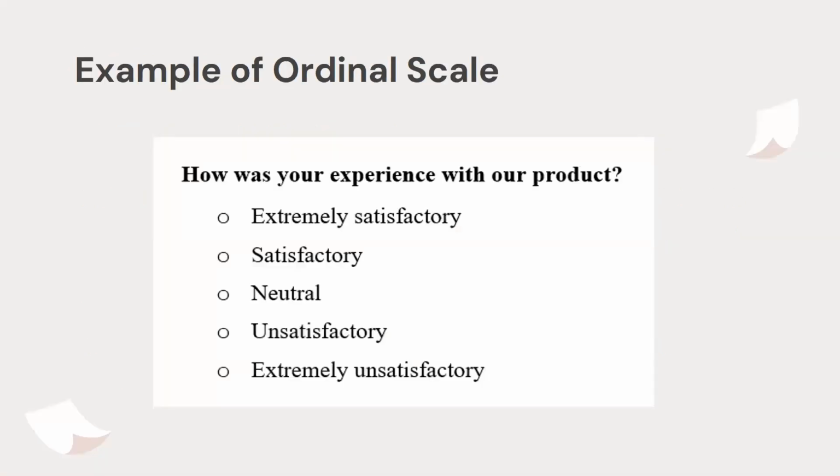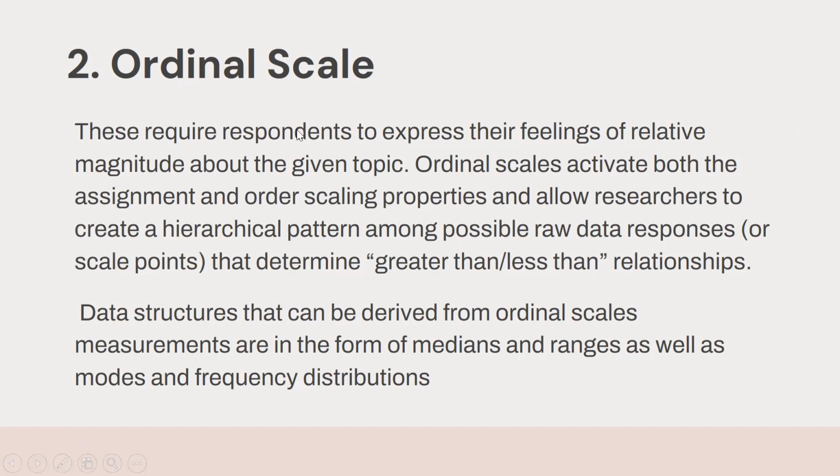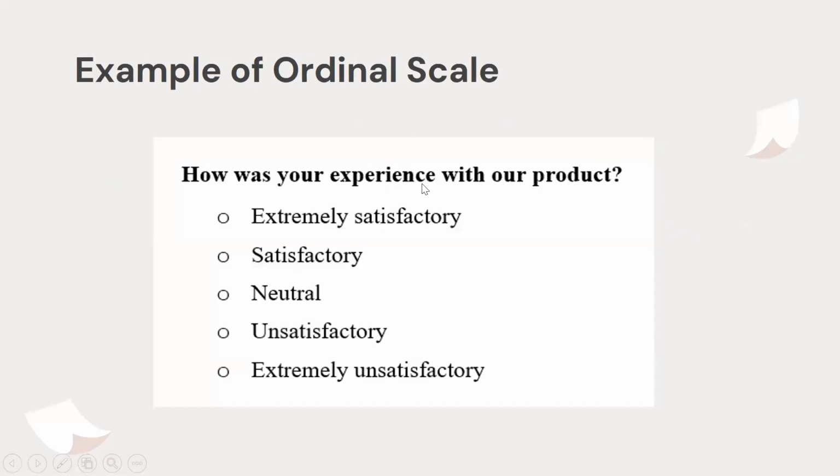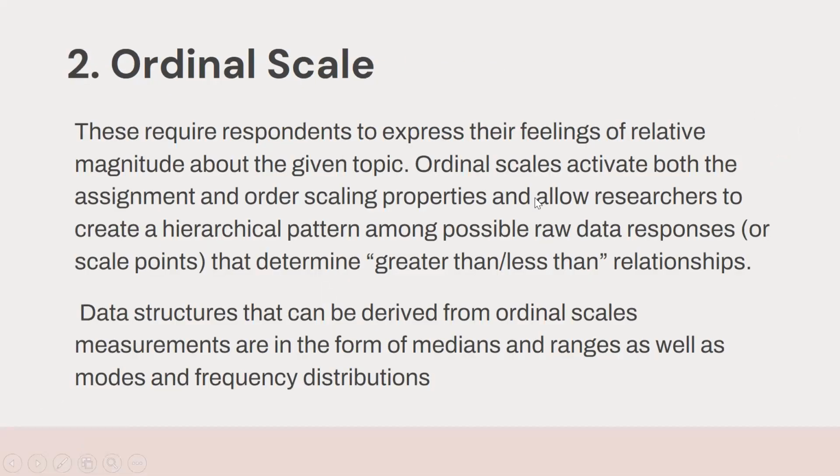This is an example of an ordinal scale. How was your experience with our product? It says here that the respondents of an ordinal scale express their feelings of relative magnitude about the topic. So here, how was your experience with your product? These are the feelings. It was also mentioned that it determines the greater than and less than.